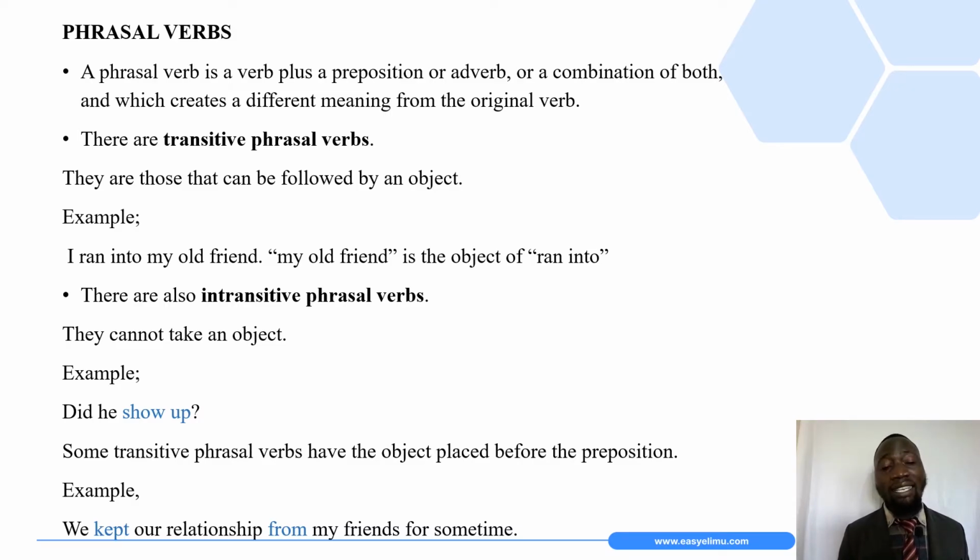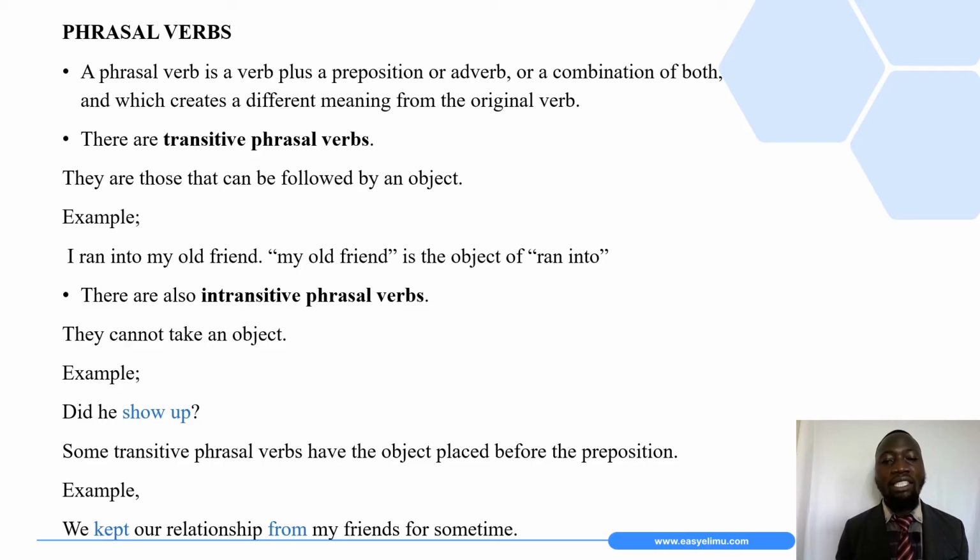If you study that sentence very well, you will realize that there is no object. And sorry, in the first examples that I gave, I did not mention the phrasal verb that we had. In the first example, where we gave an example of phrasal verbs that can be followed by an object, the phrasal verb in the sentence was ran into.